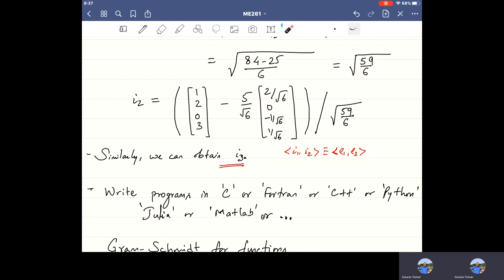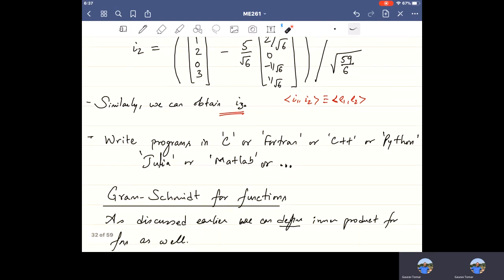But if you have, then you may want to try it. What I want to emphasize is that what we have done is we have written an algorithm. So for any given set of vectors, you can construct from that an orthogonal basis. This process is called the Gram-Schmidt orthogonalization process.